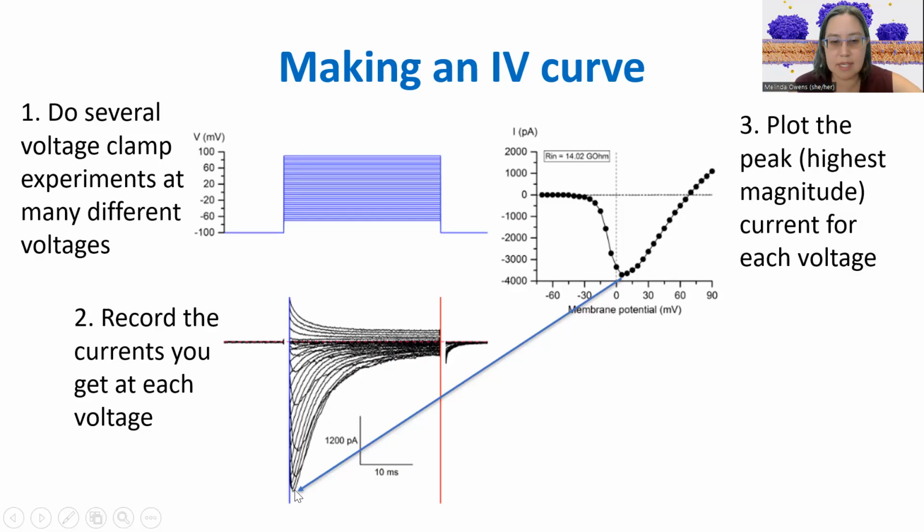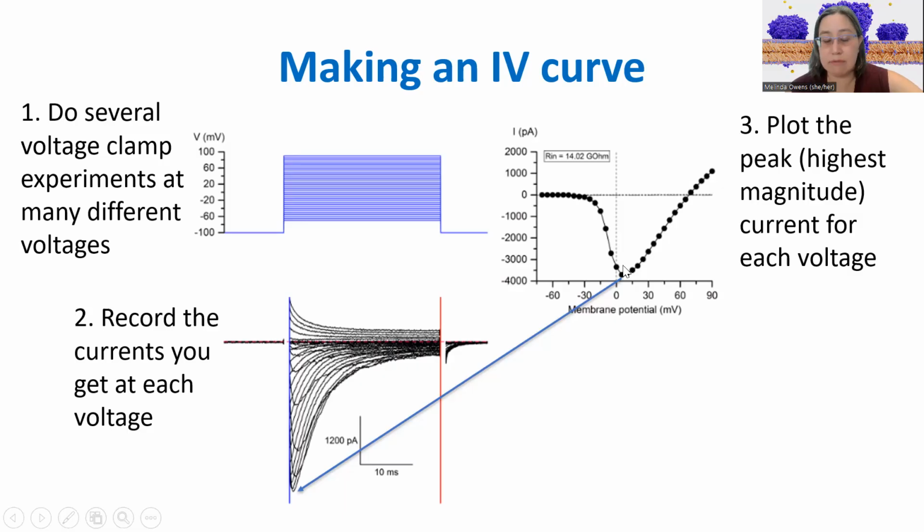This here would represent that dot there, because that's the peak current for this particular voltage. The IV curve shows you the peak current for every voltage, summarizing the dependence of the current on the voltage. So you see if you try very low voltages, there's no current.